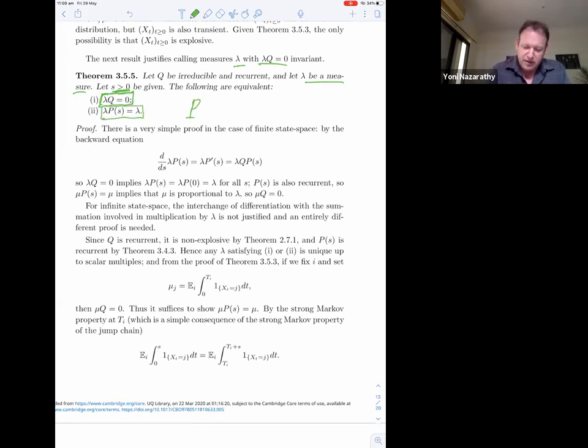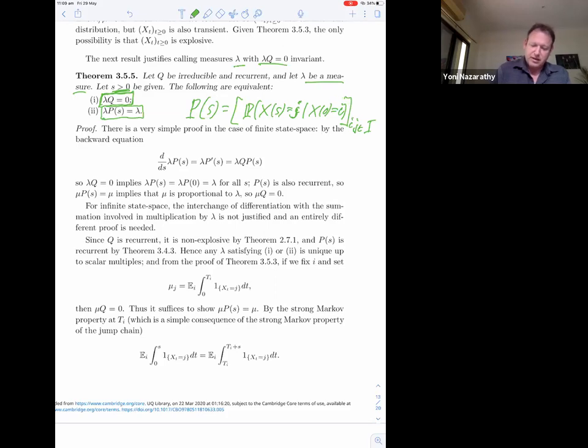So what is P of s? P of s is the matrix with entries the probability of X of s equaling j given that X of 0 equals i, for all i, j in the state space.